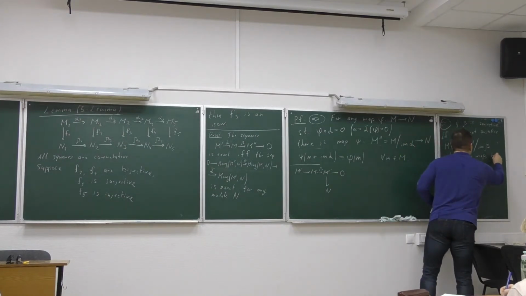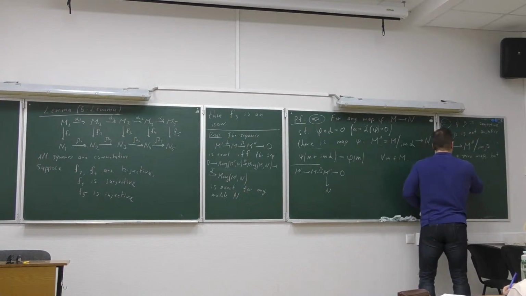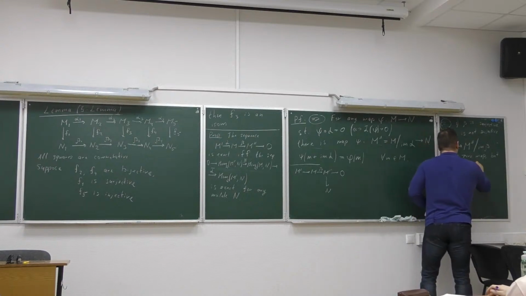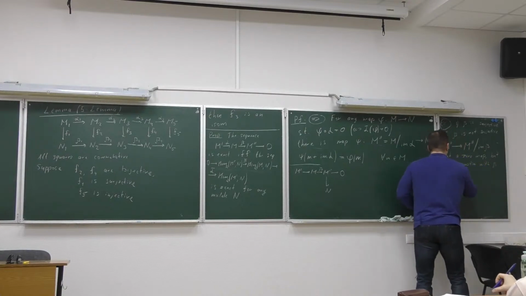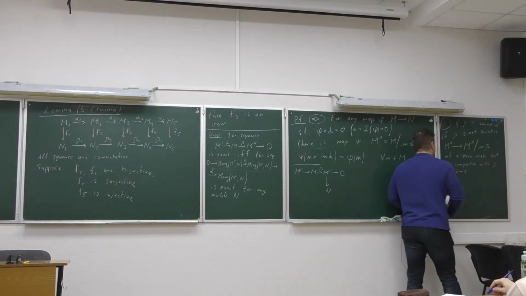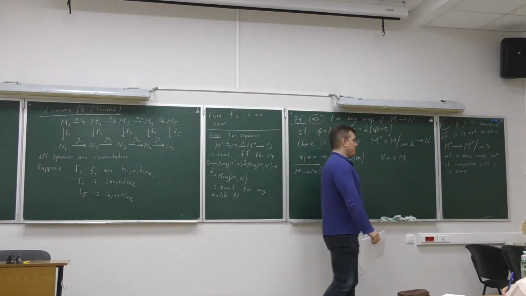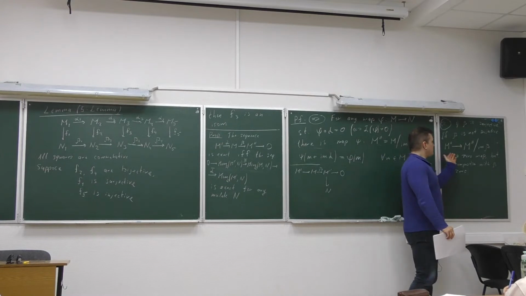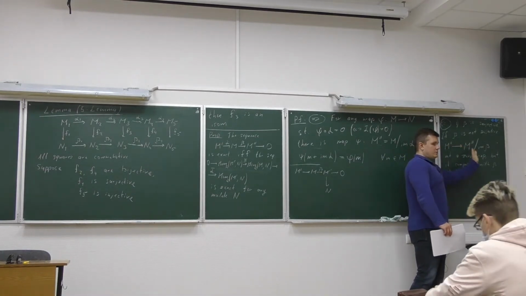But its composition with beta is 0. Right? Just by definition of this map, because if you precompose this with beta, everything that is in the image of the beta under this map is mapped to the 0.